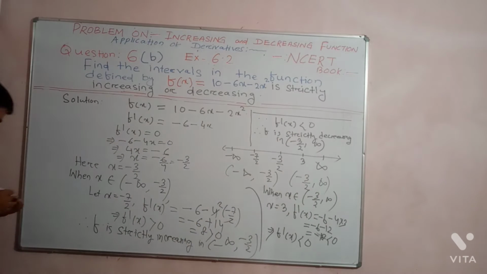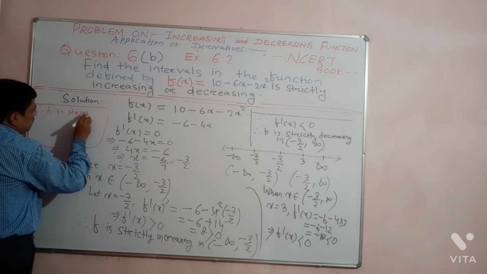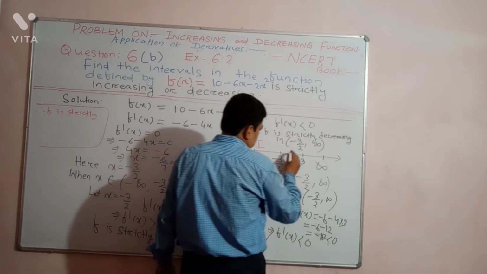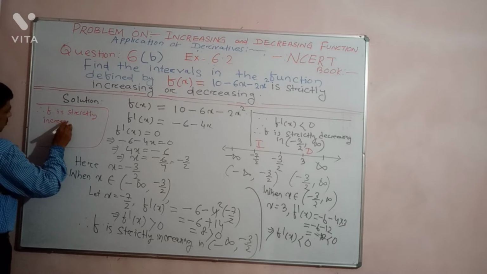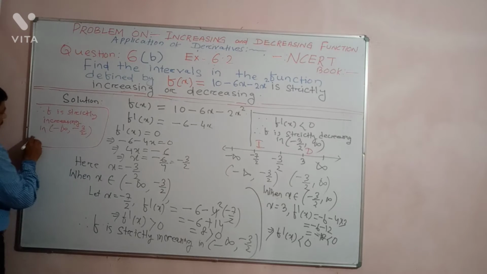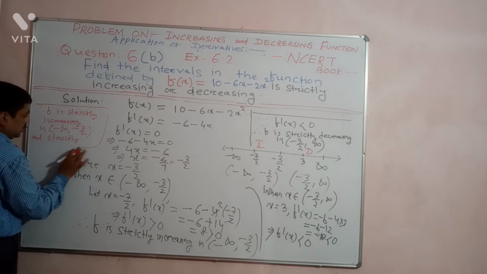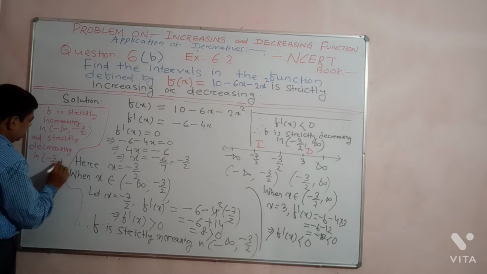Thus we got that f is strictly increasing in the interval (-infinity, -3/2), and strictly decreasing in the interval (-3/2, infinity).